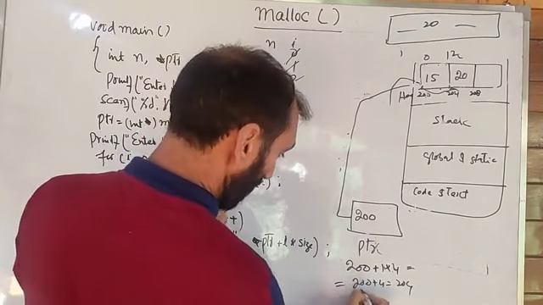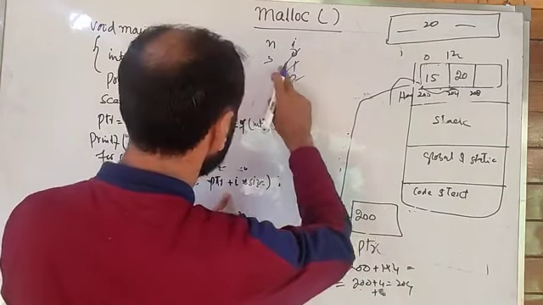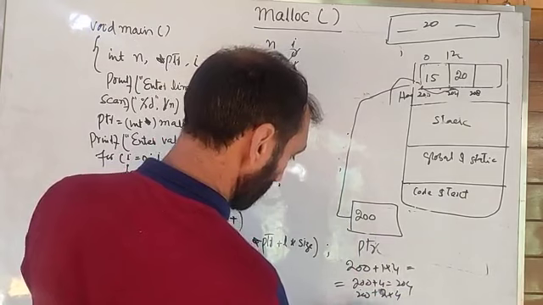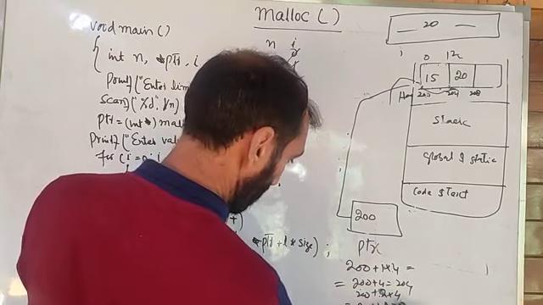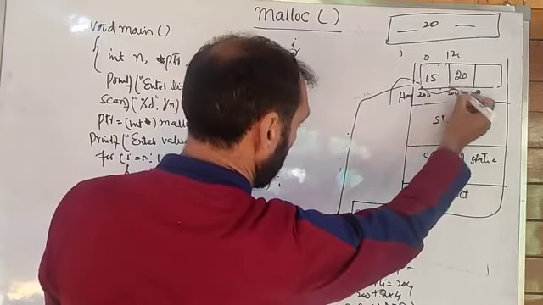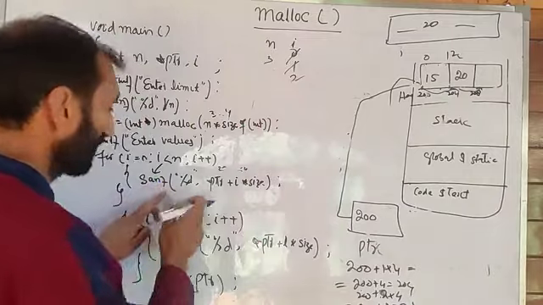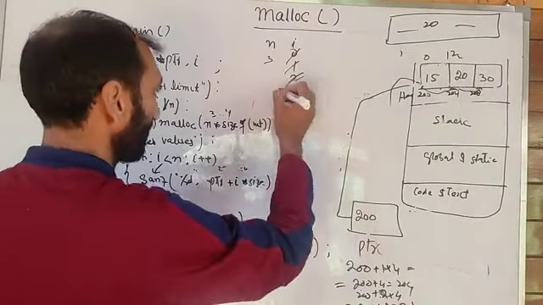Now 200 plus 4, i is 2, size is 4. That means 200 plus 8, 208. Now this pointer will point to this 208 location, and here I am going to insert another element, that is 30. i plus plus, it will become 3.